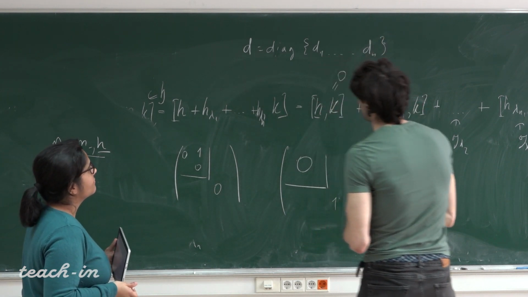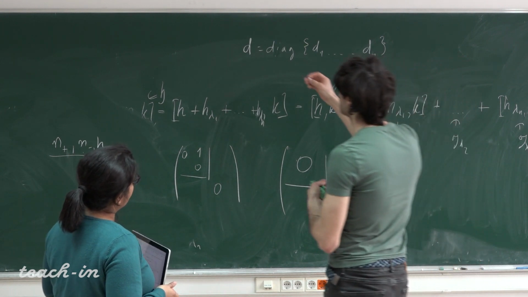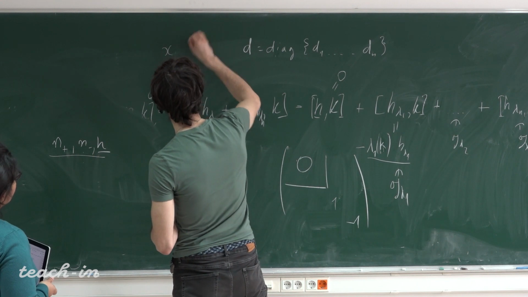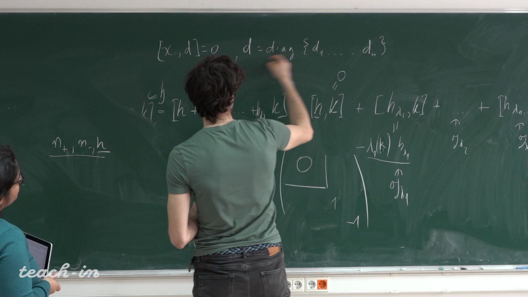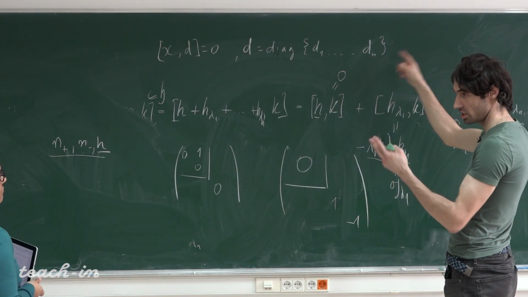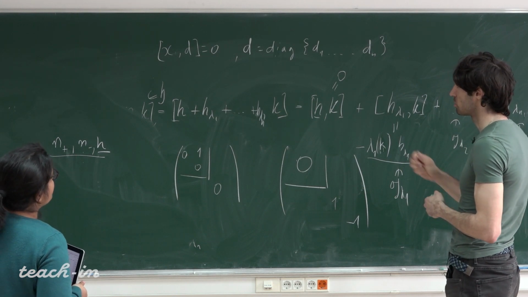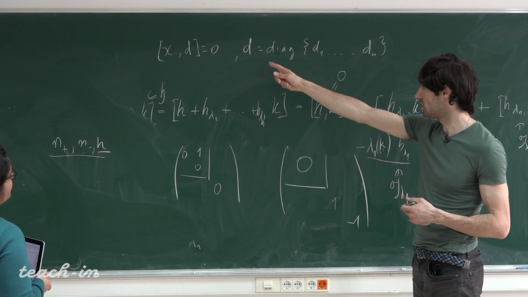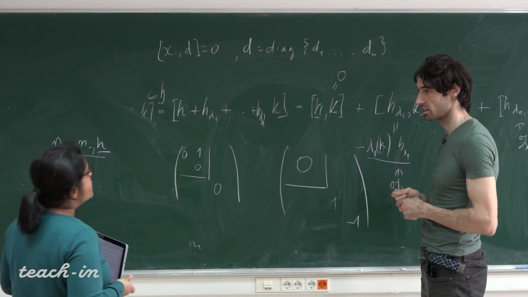You take some x such that the commutator of x with d is 0, where d = diag(d1, ..., dn) with the sum equal to 0. So the idea is to take the di's to be pairwise distinct.